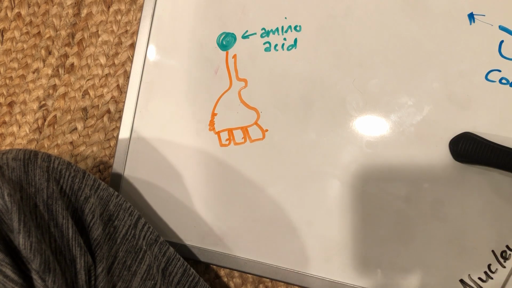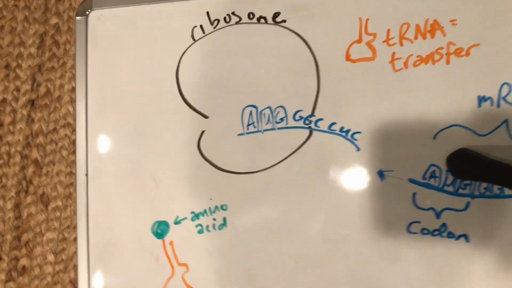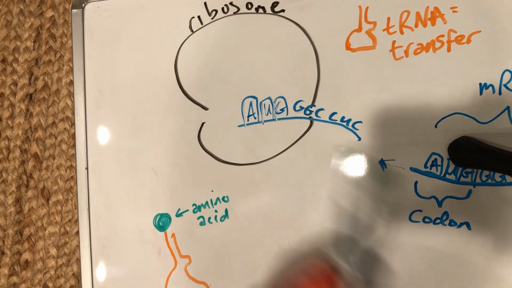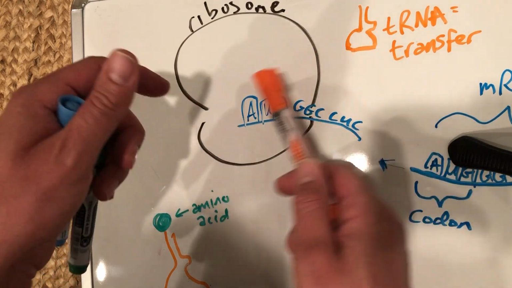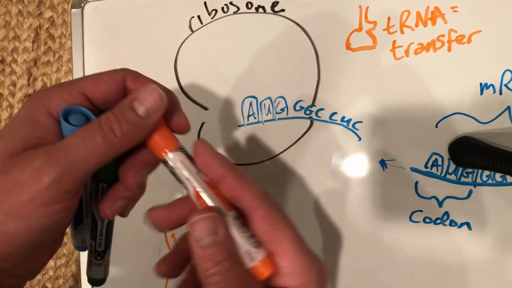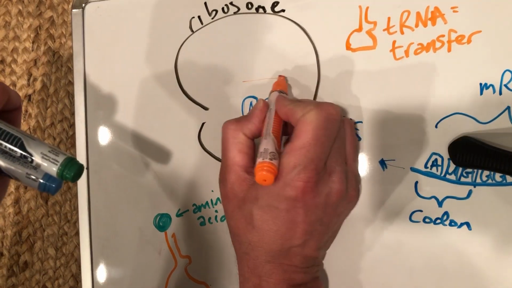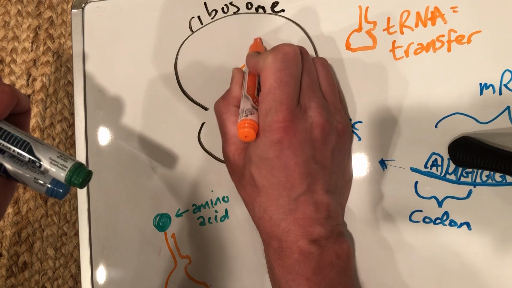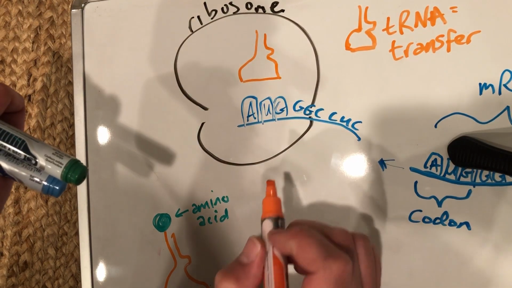And then there are tons of these floating around the cytoplasm. So when the ribosome binds with the mRNA, a tRNA is going to float into place with the corresponding, or complementary, base sequence. I'm going to bring this tRNA into the ribosome here.